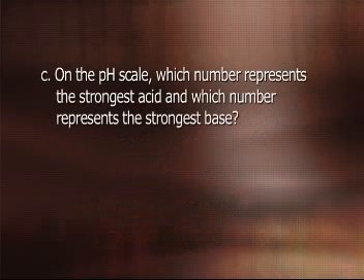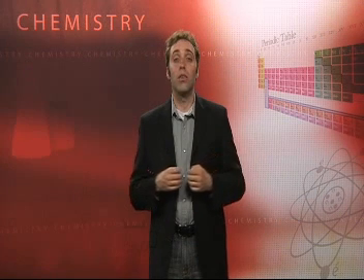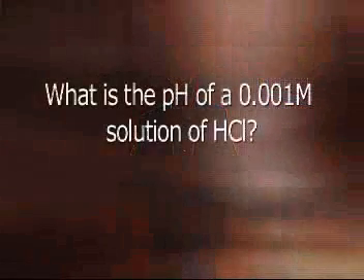Finally, for question C, 0 represents the strongest acid and 14 represents the strongest base. Let us move on with our lesson and learn how to calculate pH values of a solution.